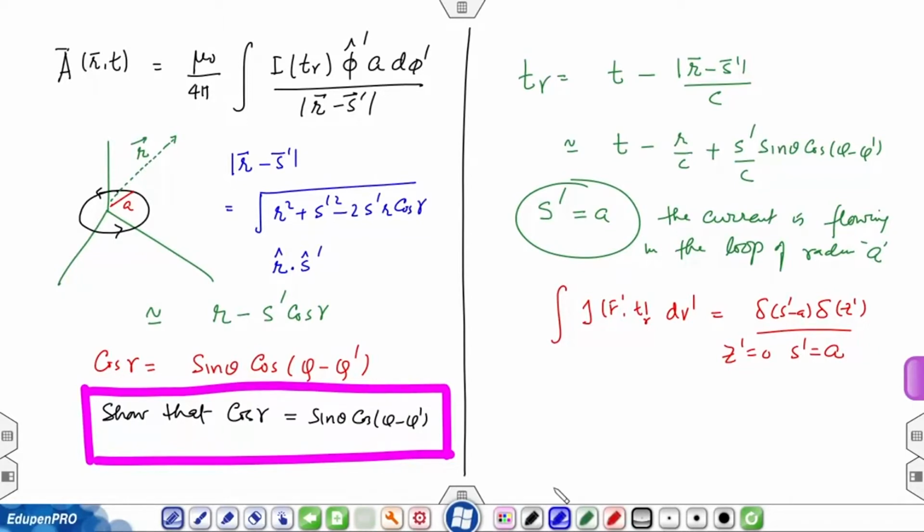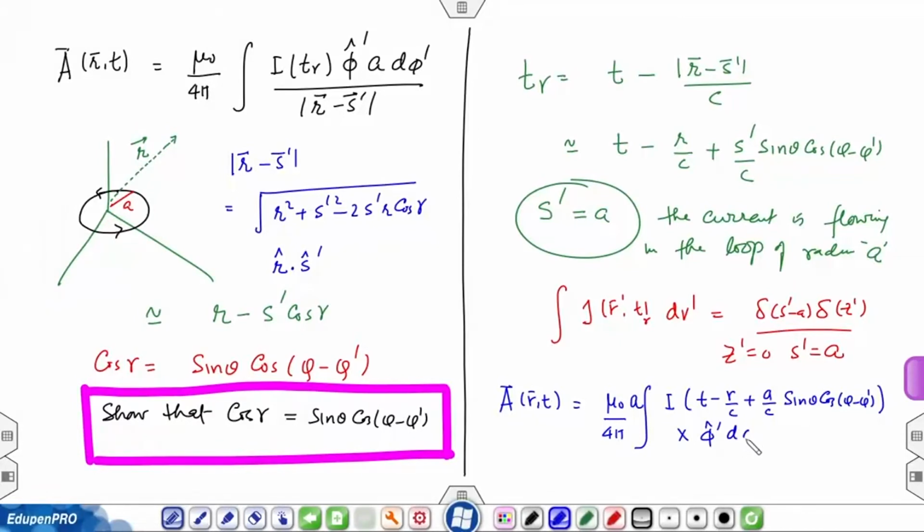And therefore, the integral can now be written as A(r, t) equal to mu naught over 4 pi integral I(t minus r over c plus a over c sin theta cosine of (phi minus phi prime)), that is I at that time, times phi prime unit vector, a comes out, d phi prime divided by r minus a sin theta cosine of (phi minus phi prime).